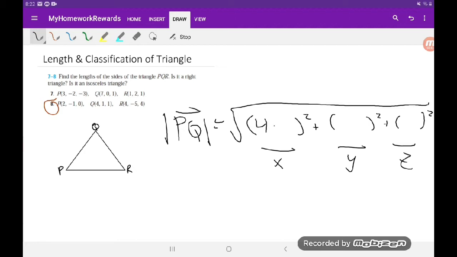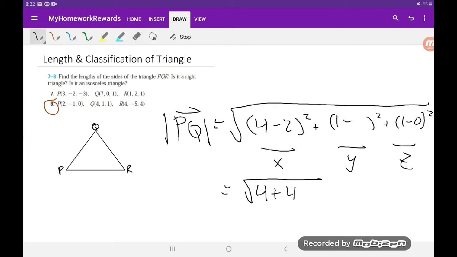So for the x, we have 4 minus 2. For the y, we have 1 minus negative 1. And for the z coordinate, we have 1 minus 0. So this is going to give us the square root of 4 plus 4.